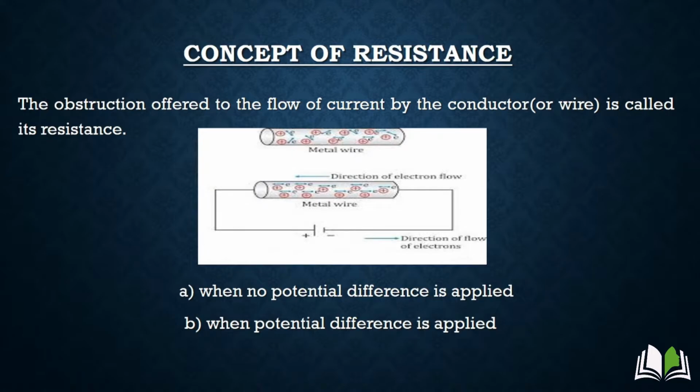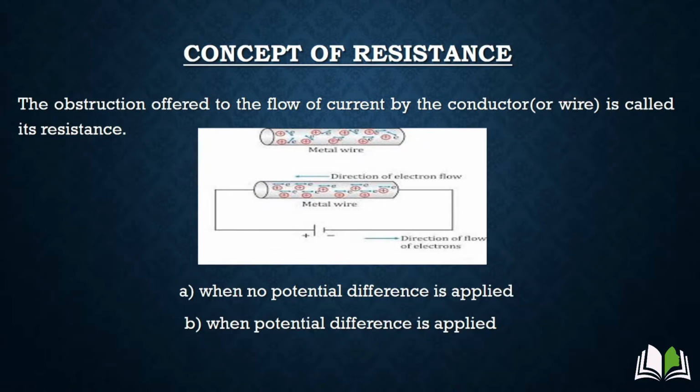In the next picture we can see there is a potential difference across the metallic wire. So when a potential is applied, the electrons inside experience a force in the direction from the end at negative potential toward the end at positive potential of the conductor. Due to the force, the speed of the electrons increases, but during the movement they collide with each other and also with the positive fixed charges and lose some kinetic energy, which increases the temperature of the wire.